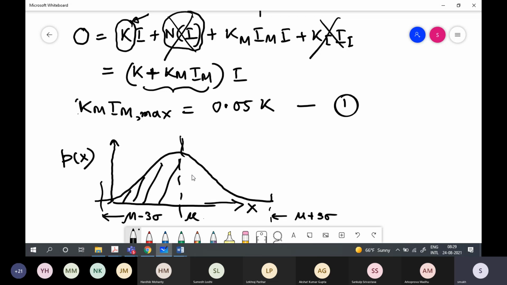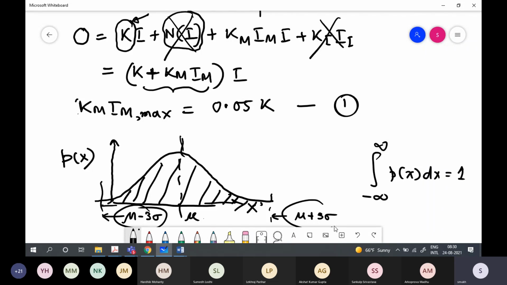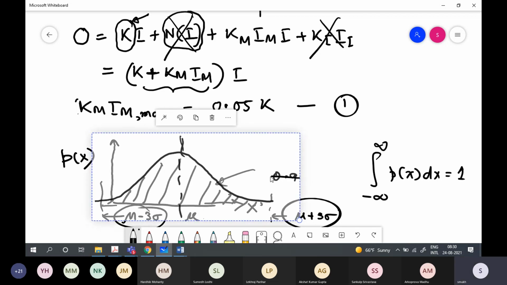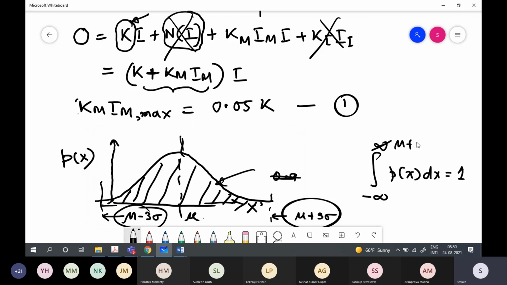The integral under the curve from plus infinity to minus infinity of px dx is equal to 1. But if you integrate it from mu minus 3 sigma to mu plus 3 sigma, then this value comes to be about 99.7%. So this number becomes almost 0.997.